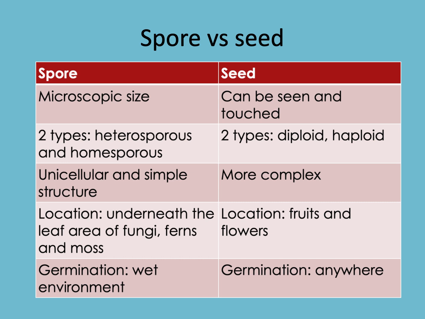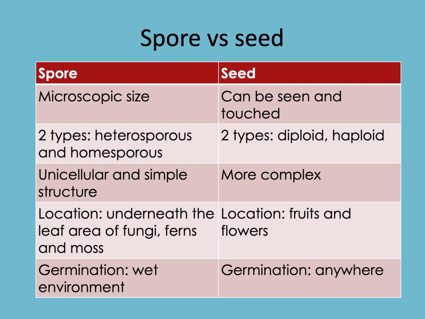So this table shows the differences of spore compared to the seed. Basically, the size of the seed is bigger compared to the spore, and there are two types of spore, which are heterosporous and homosporous, while the seed is diploid or haploid.